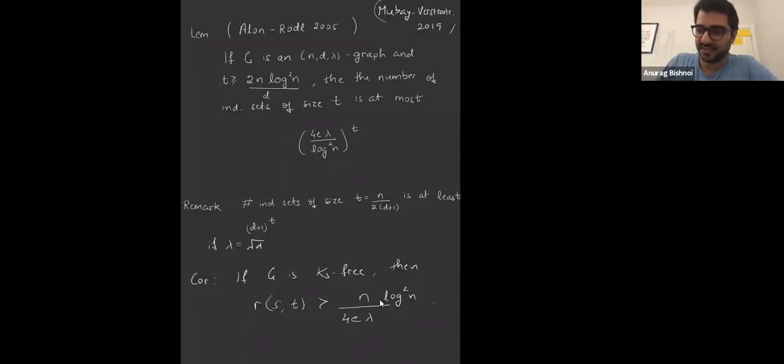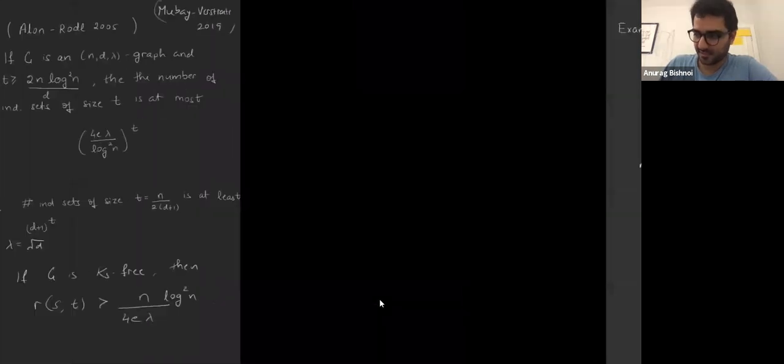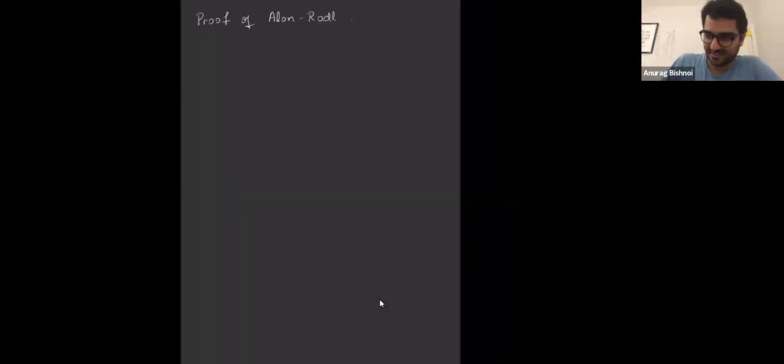So if G is an (n, d, lambda) graph, we want to bound the number of independent sets. Just a few words about it. We're just going to count the number of ways of actually picking such t elements. That's the basic idea. So say we have picked some elements v_1 through v_k that are independent.